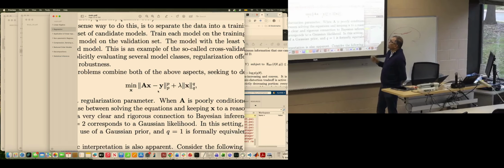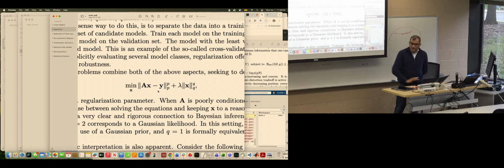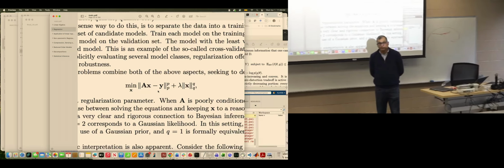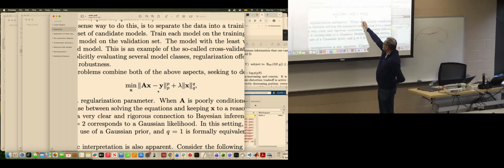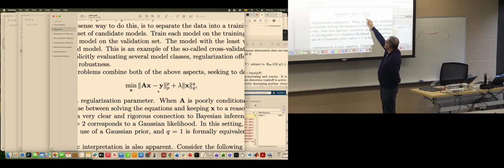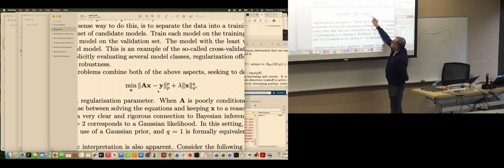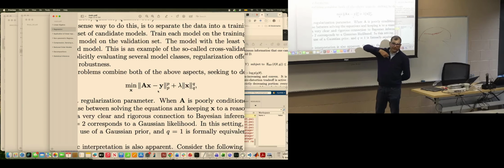There are many different kinds of regularizers that you can use. Regularization is a pretty big field in itself. When you regularize, you're saying, I roughly know that in this particular case I want to be as close to the origin as possible.